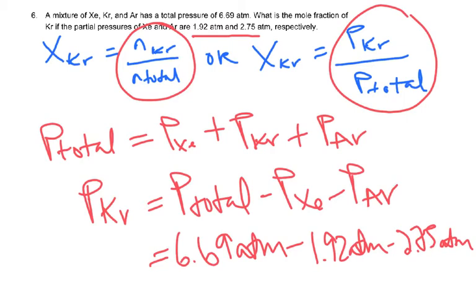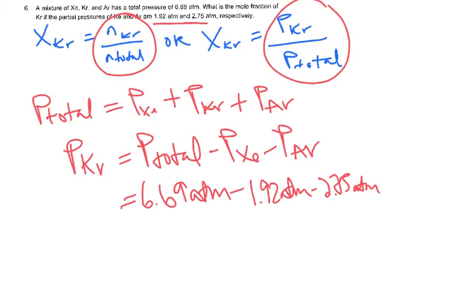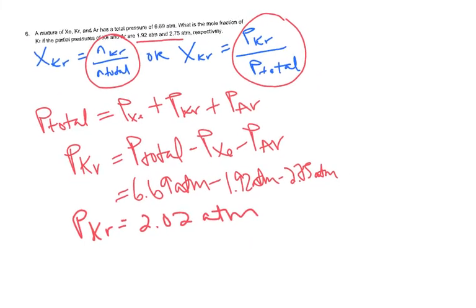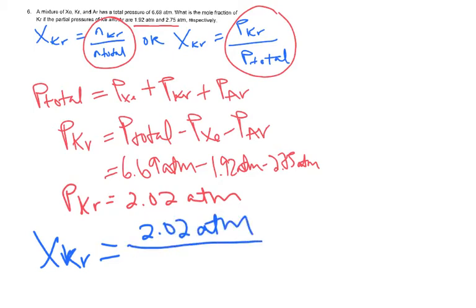Okay, let me put this in the calculator. So the partial pressure of krypton then is going to be 2.02 atmospheres. So now we have all of the information to find the mole fraction. So the mole fraction then is equal to 2.02 atmospheres, this is the partial pressure of krypton, divided by P total.